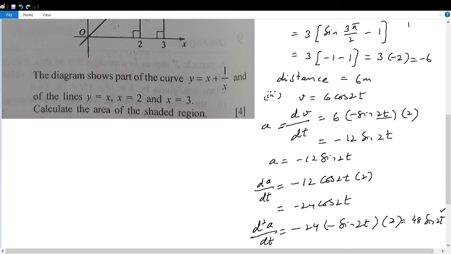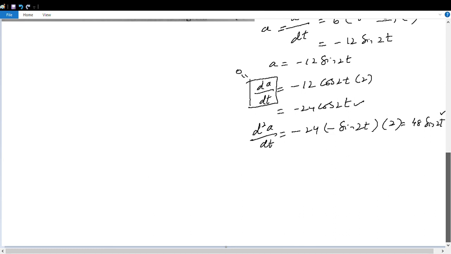For this you will put the single derivative equal to 0, because when you put it equal to 0, you will get the values of t. So minus 24 cos 2t is equal to 0.